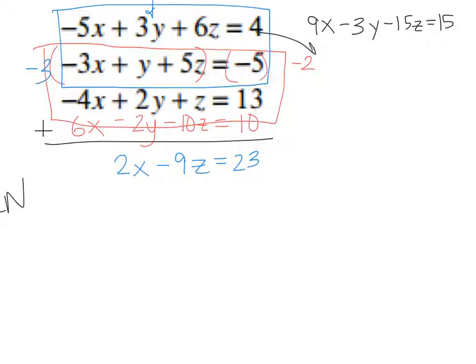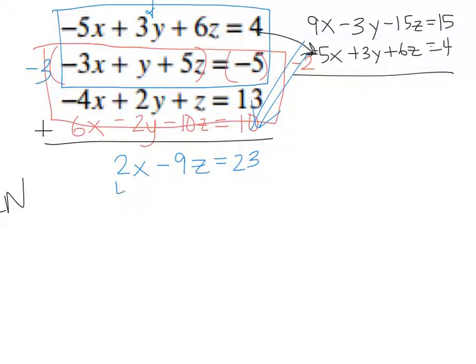And I'm just going to copy this top one over here, -5x plus 3y plus 6z equals 4. Because I'm going to add these two together, and it's going to eliminate the y's. So it's going to be 4x, the y's cancel out, -9z equals 14. 15 plus 14 is 19.